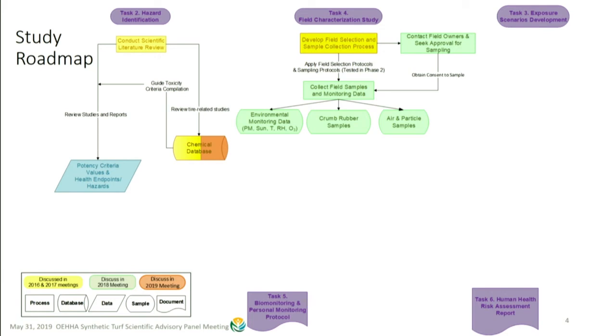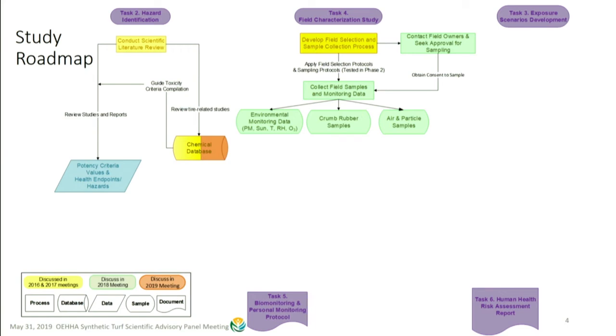We collected environmental data, including temperature, particle count, ozone, relative humidity, and solar insolation on and around the field and playground. In addition, we collected air and particulate matter and crumb rubber samples from each field.